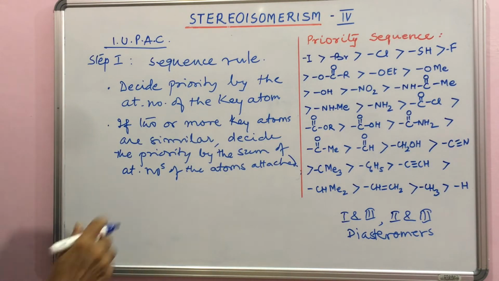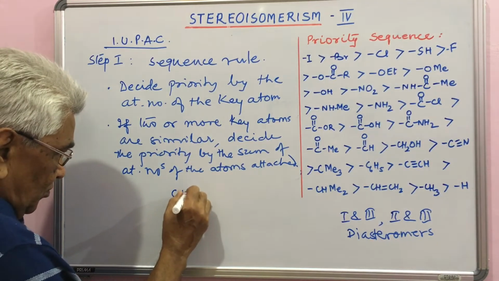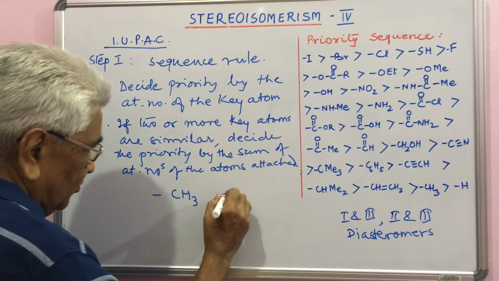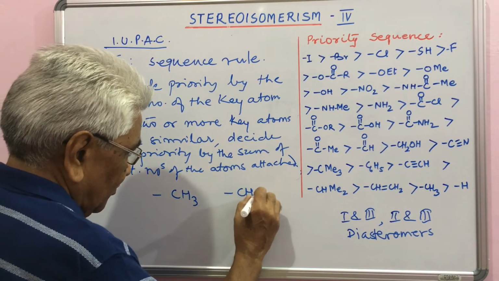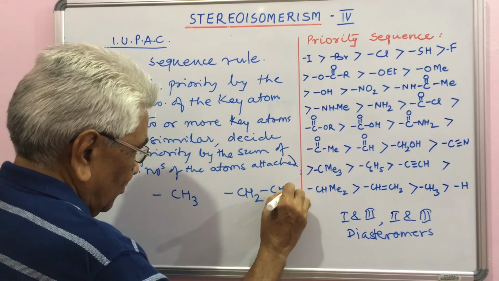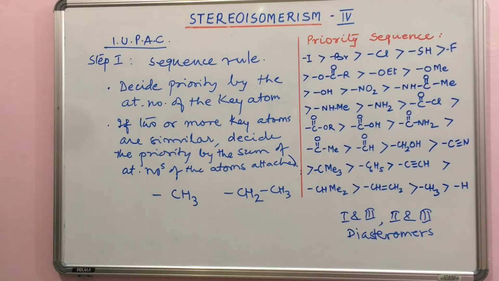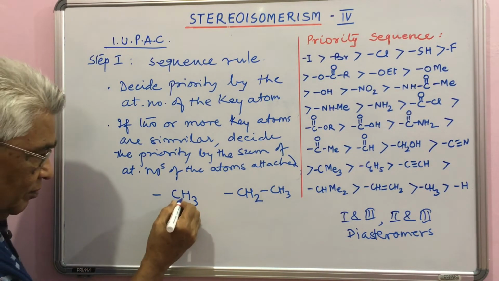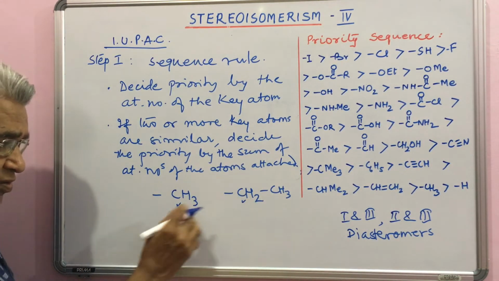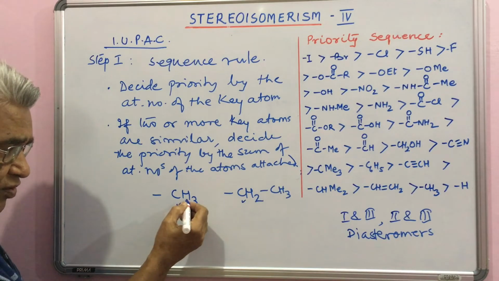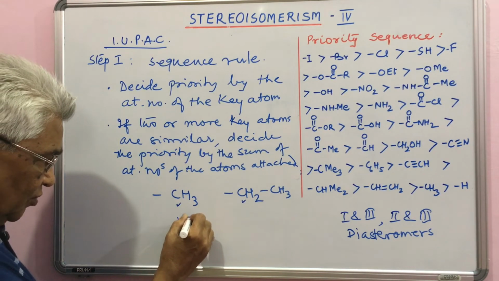Say both are carbon atoms. One is an ethyl group and the other is methyl. This is the key atom. Both are similar. Now this is attached to 3 hydrogen atoms.